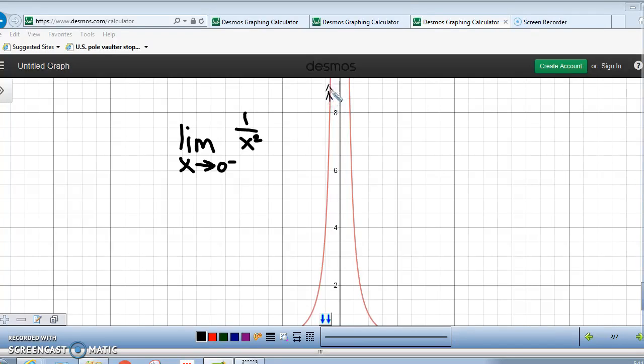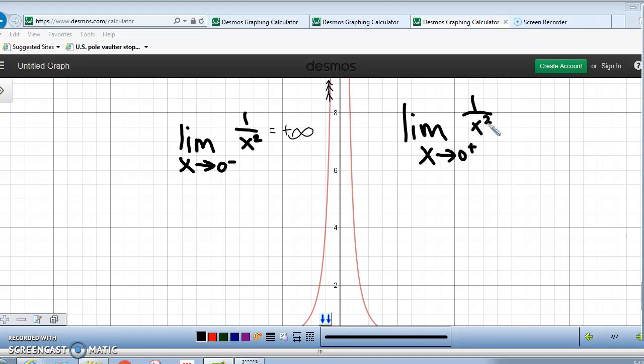It'll keep on growing, and it's actually going to positive infinity. Okay, the limit as x approaches 0 from the positive side of this function f of x equals 1 over x squared. Again, it's growing. So that's also positive infinity.